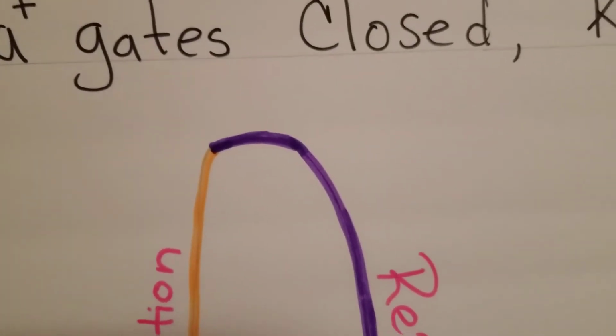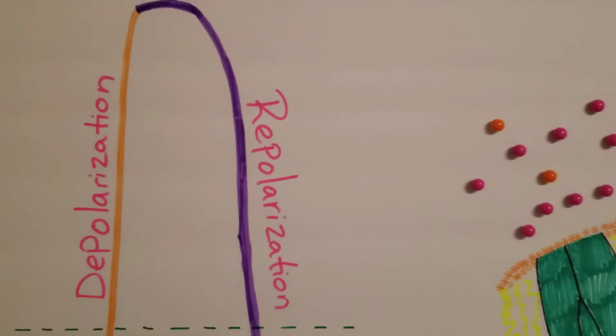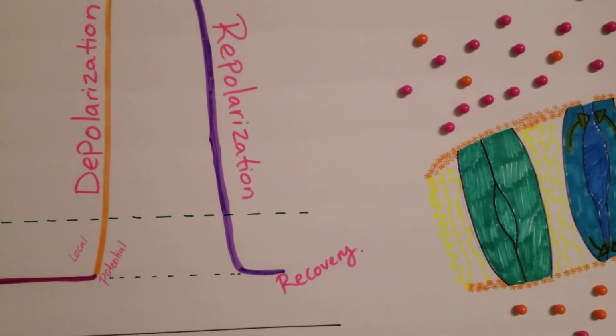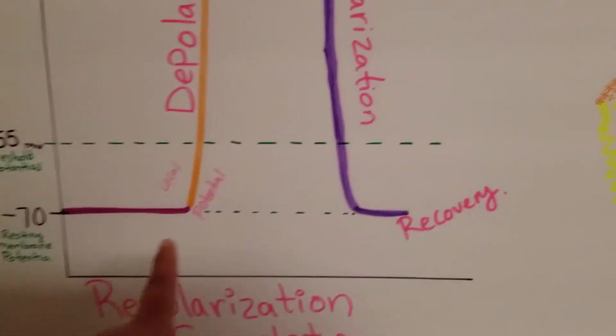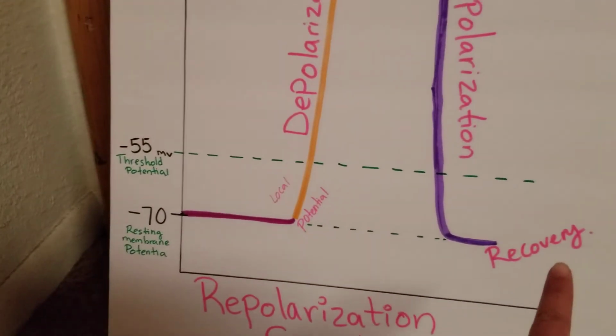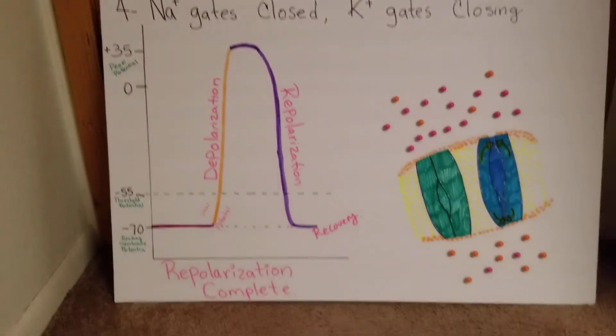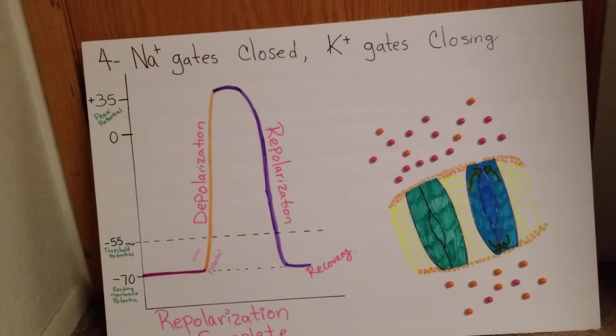And then after that, repolarization starts, descending. And when we come back here again into the negative 70 mV, it's a recovery time and the whole cycle starts again.